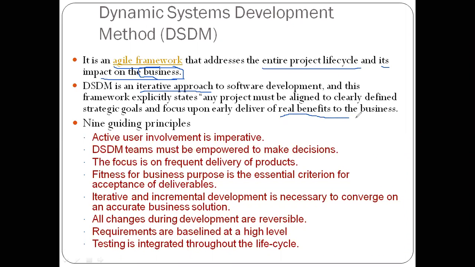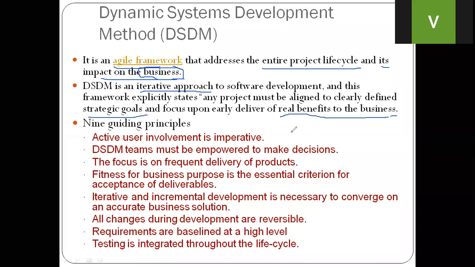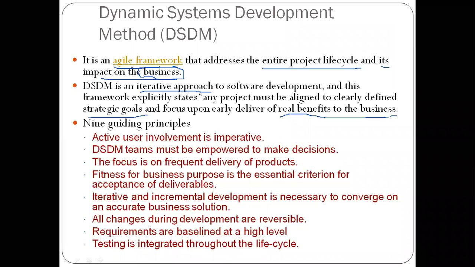Why are they doing all these things? To deliver real benefits to the business. Clear? So they follow some strategic goals, and at the end of the project they show some real benefits to the business, isn't it?